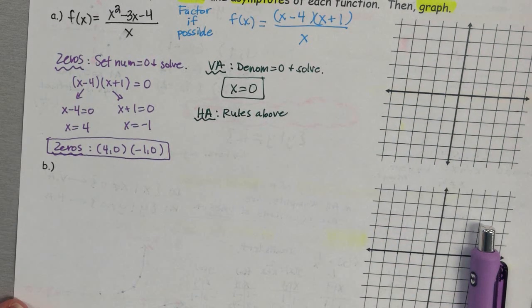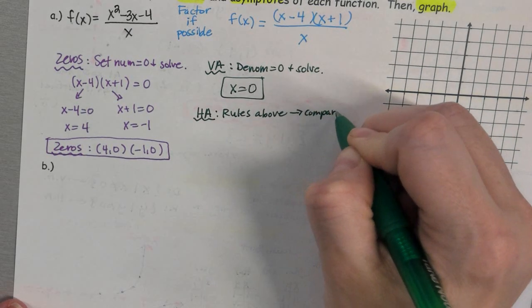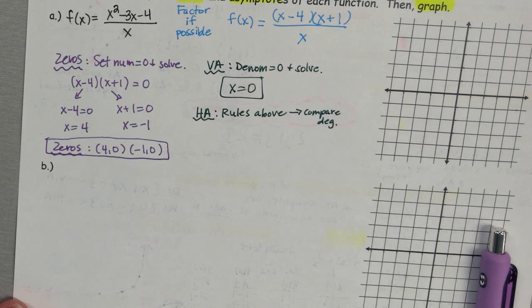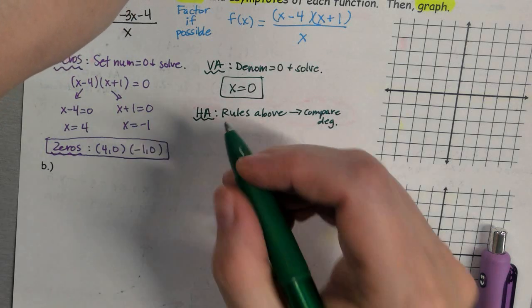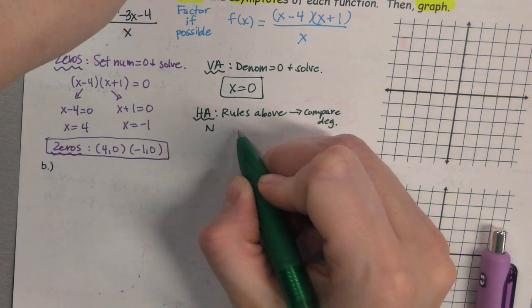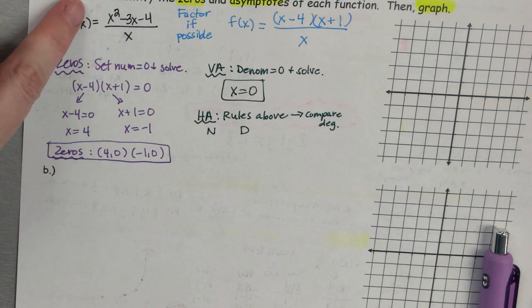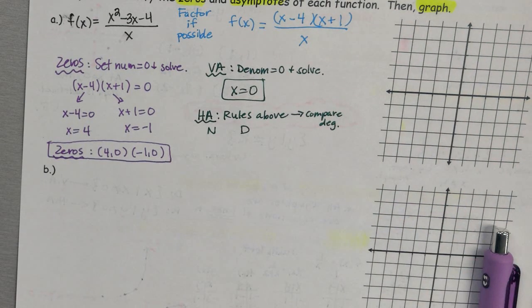Okay, which is compare the degrees. So let's look at the numerator. What's the degree of the numerator? So what's the highest exponent in the numerator? Am I going too fast?